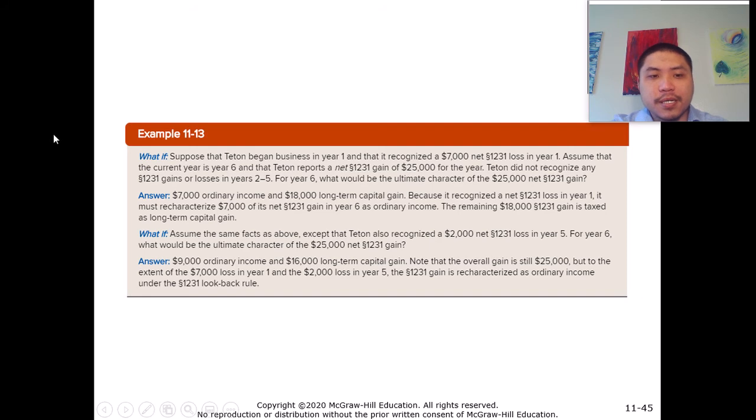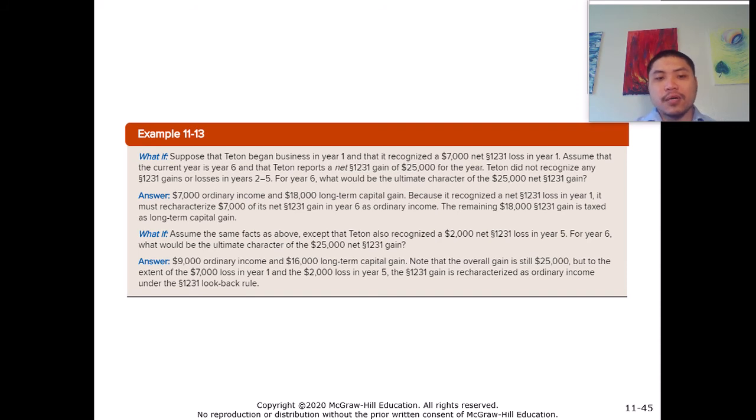And then it also asks, assume the same facts as above, except that the company also recognized $2,000 of net 1231 loss in year 5. For year 6, what will be the ultimate character of the $25,000 net 1231 gain? So now we have an additional loss. The additional loss is going to bring up the extent of net loss in the prior 5 years to $9,000.